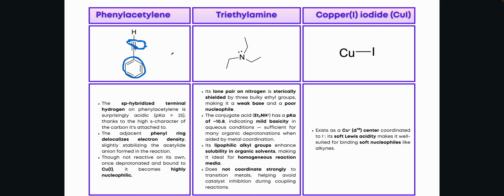And then on the other side we have a very mediocre base that's not going to be too basic. It is because of the steric hindrance that's surrounding it with the three ethyl groups. And as such, you're going to need help to initiate this reaction, and that's where our copper iodide comes in.